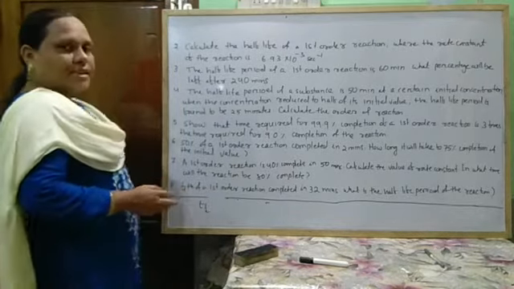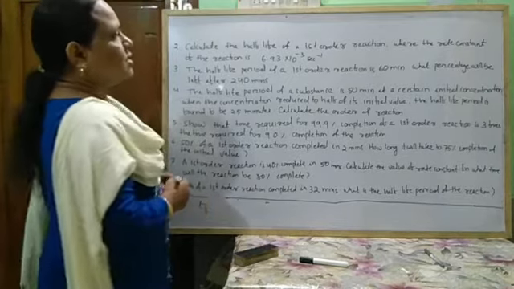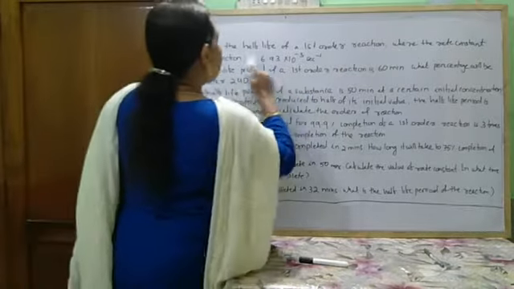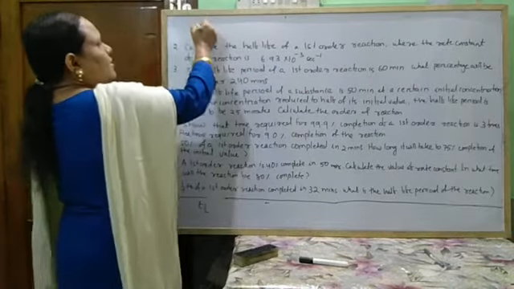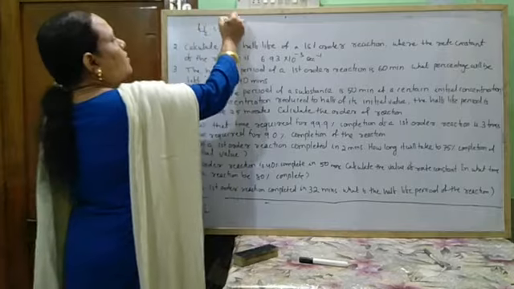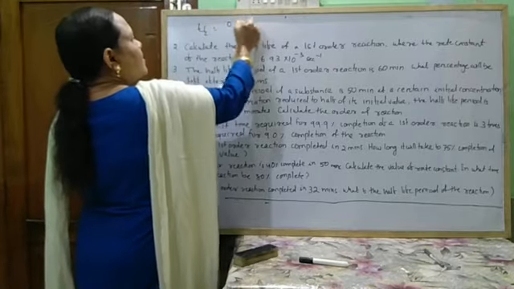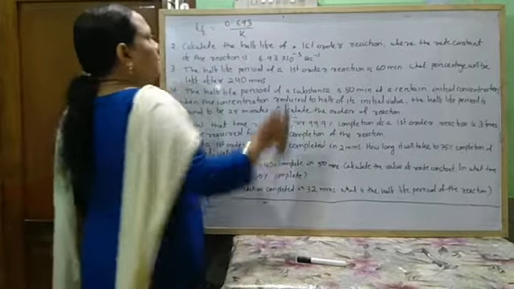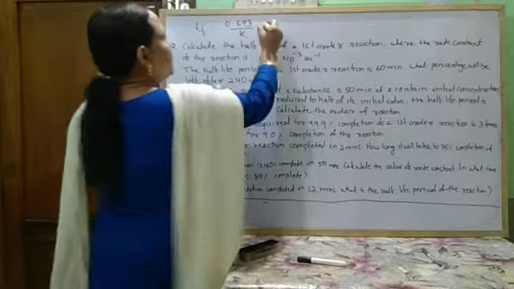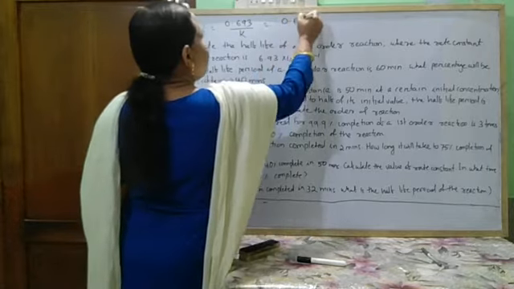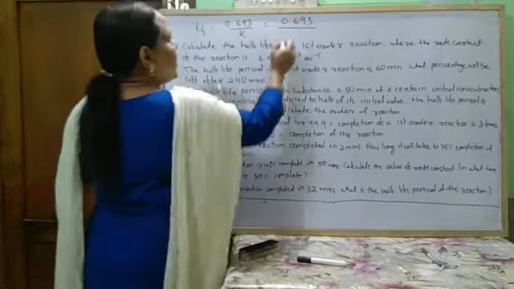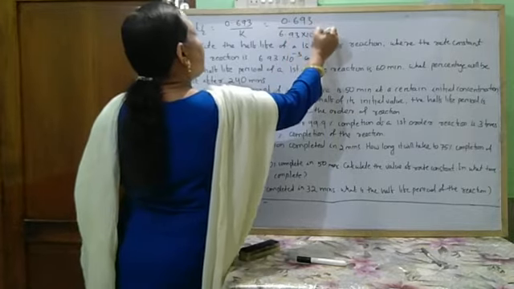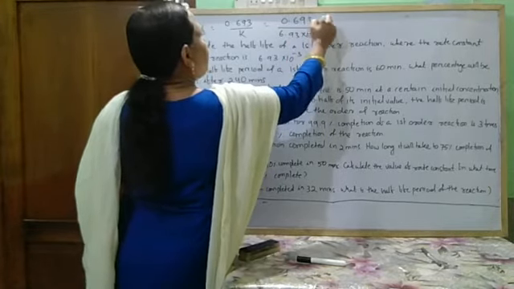In first order, half-life is independent of initial concentration, so no concentration term is given. The half-life of a first order reaction is t half equal to 0.693 by K. This value is given, so it equals 0.693 by 6.93 × 10^-3 second inverse.